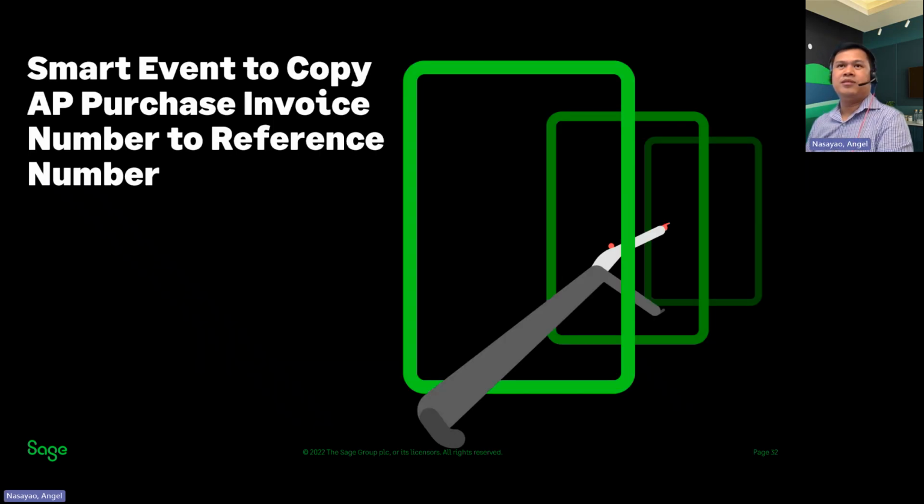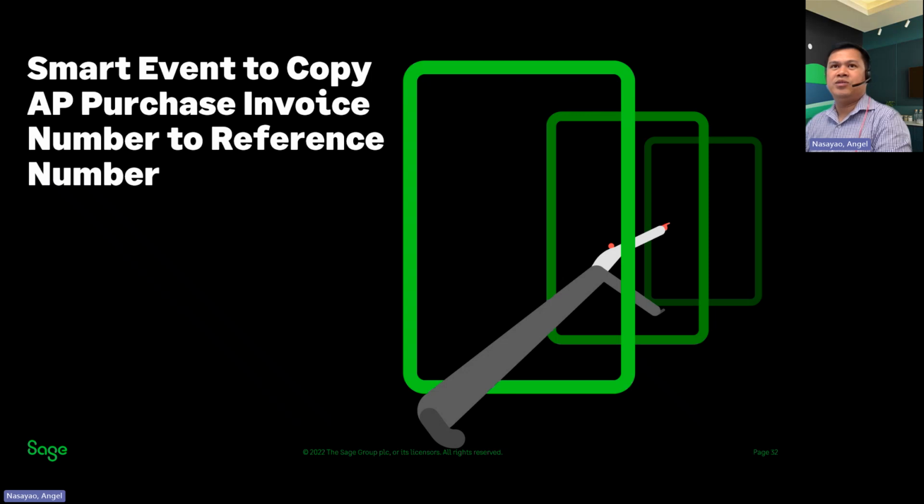All right. So we have this special requirement wherein you would like to see the actual invoice number that the payment is for. We know earlier that the reference numbers are basically coming from the AP purchase invoice, and if it's blank or if it's merged with different references, then it will be getting from the supplier record.